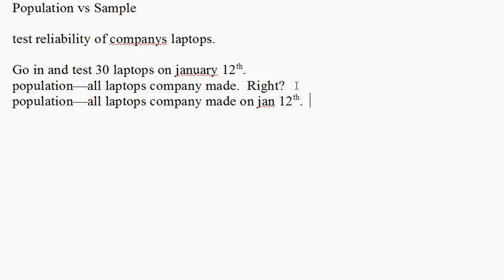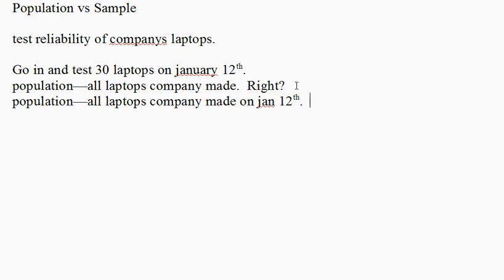And the reason is you never know what goes on with the company when I wasn't there. Maybe they knew I was coming and they beefed up their production standards that day. You don't know. When I write up my reports, I have to say these are the standards of the laptops that were made on January 12th, because that's the only day I went.